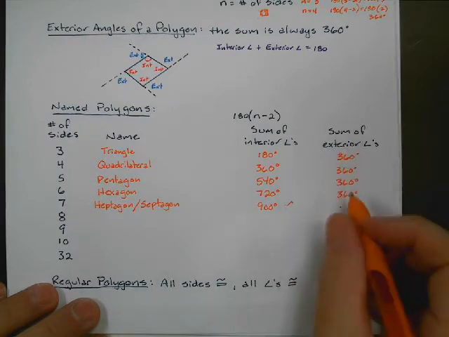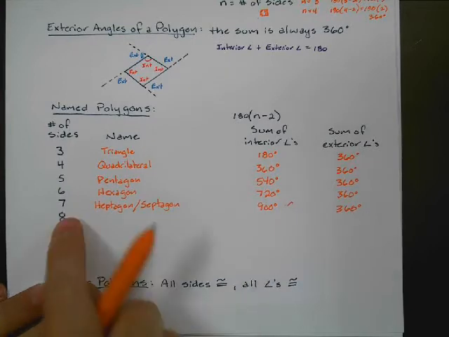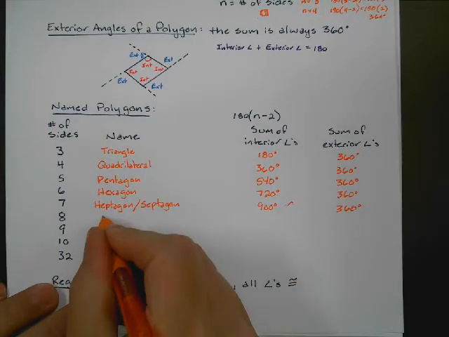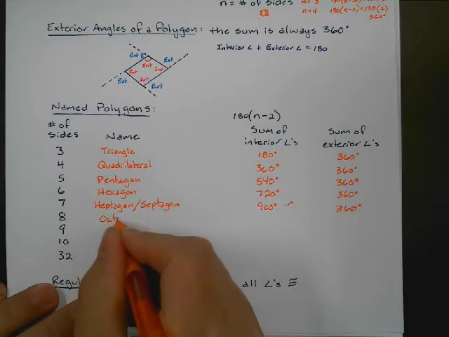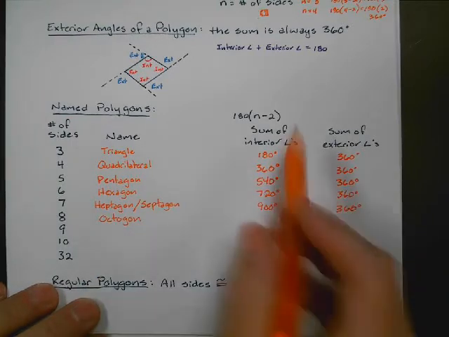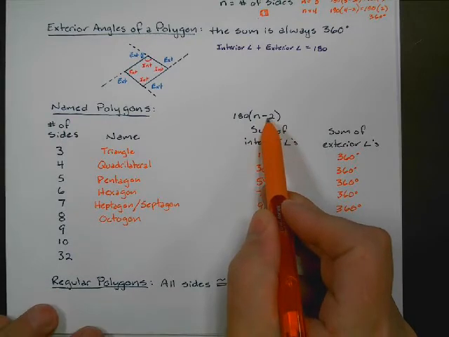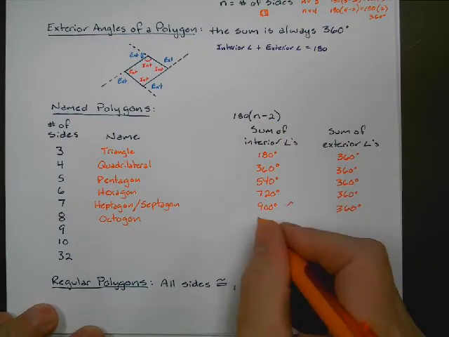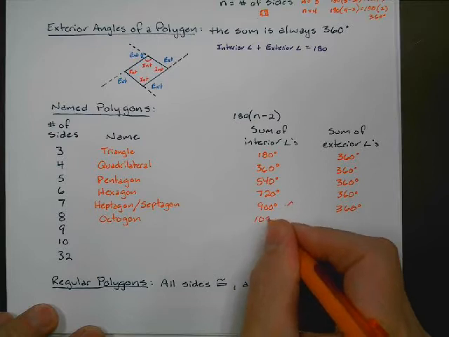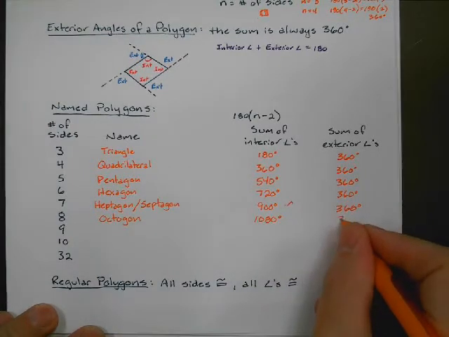And then the exterior angles, still 360. 8-sided object would be an octagon. Okay, so I would do 8 minus 2, which is 6, and 6 times 180 is 1080. And the exterior angles are still 360.